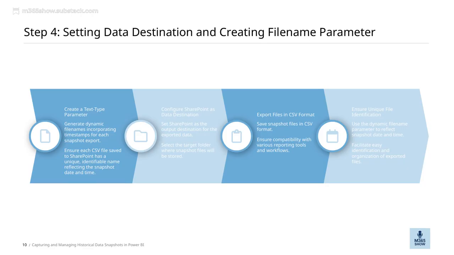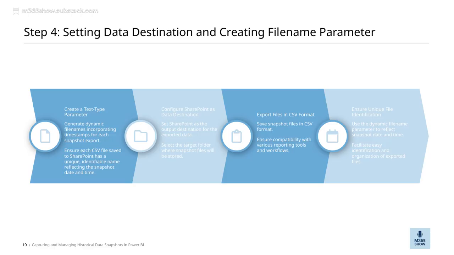It's crucial for managing multiple snapshots over time. We also want to ensure each file is uniquely identified, so we'll save these snapshots in CSV format. CSV is widely compatible with many reporting tools and workflows, making it a versatile choice. By exporting in this format, we keep things flexible and accessible.